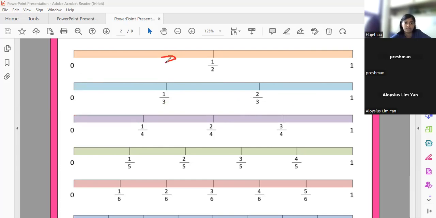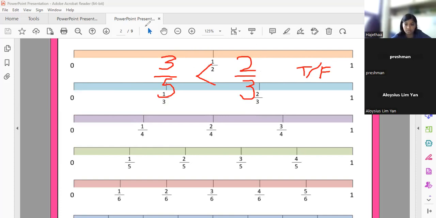I'm going to write down the question here. You tell me whether it's true or false. 3 over 5 is smaller than 2 over 3. Is this true or is this false?